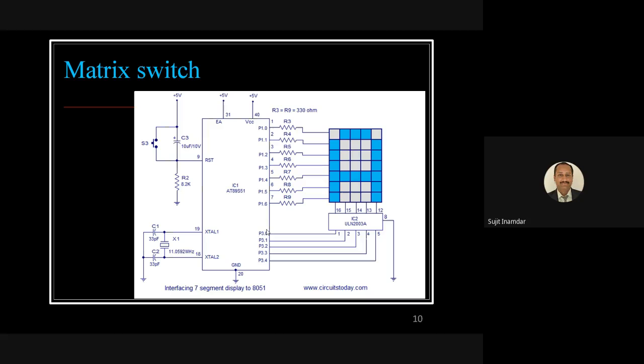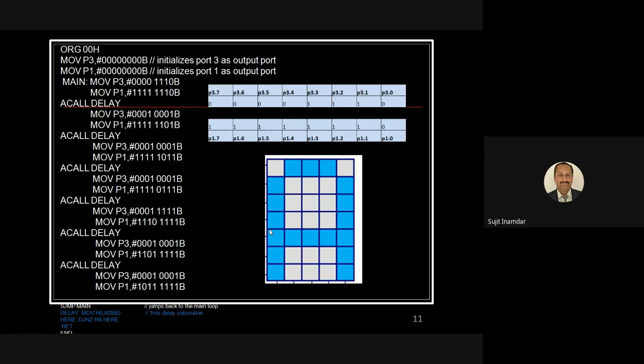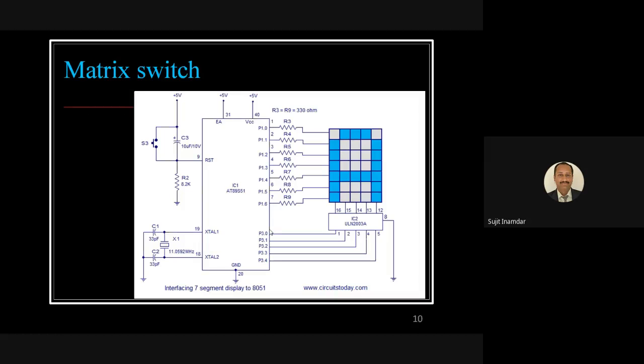Move P3, comma, hash. Where is the hash? I don't know. Hash is here.